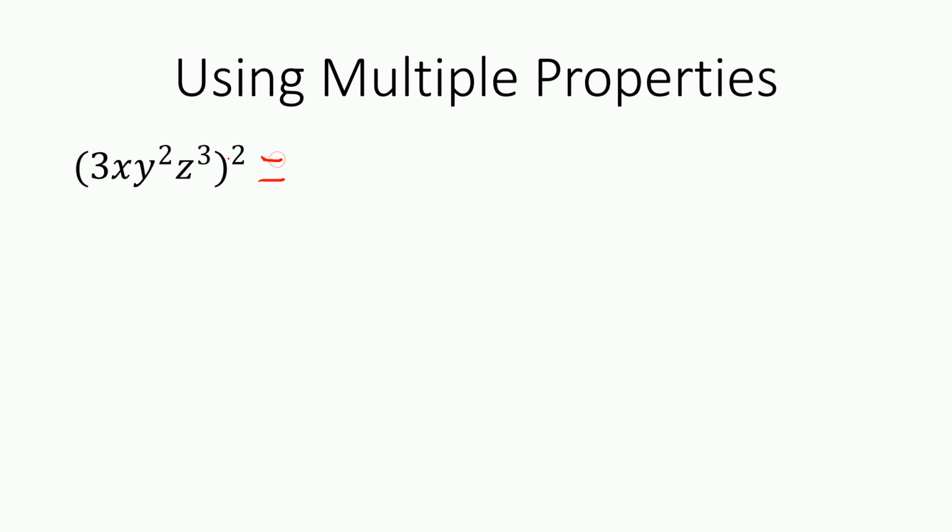So I'm going to work from the outside in and apply ones I've learned before and ones I've learned now. The first thing I'm going to do is the power of a product property, where I'm going to distribute this 2 to everything inside. So that means 3 squared, x squared, y squared squared, z cubed squared. And then I can apply other properties as I need to.